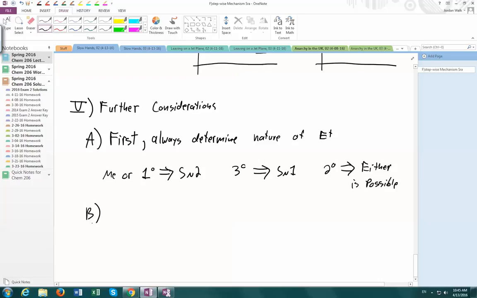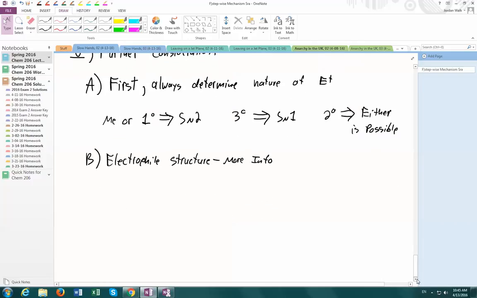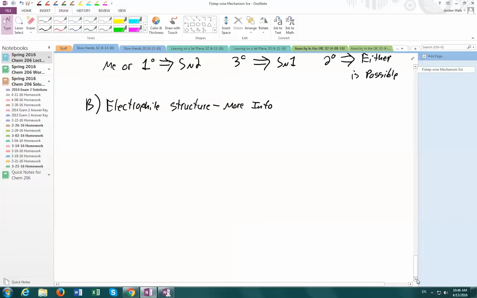And so that takes us to letter B. Now we're going to talk about electrophile structure, except this time more. We know if it's a primary, a secondary, or tertiary, but there are definitely other aspects of the structure which can have an impact leading towards SN1 or SN2.